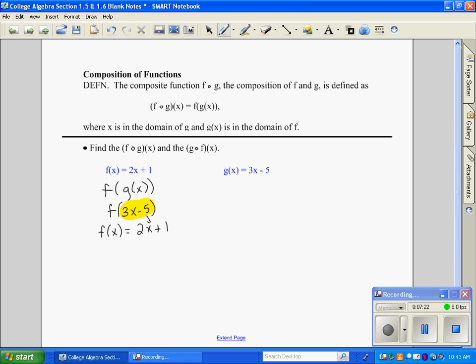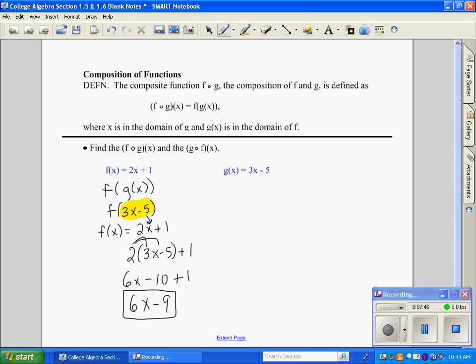So I have 2 times 3x minus 5 plus 1. Distribute: 6x minus 10 plus 1, 6x minus 9. It's going to be our f of g of x.